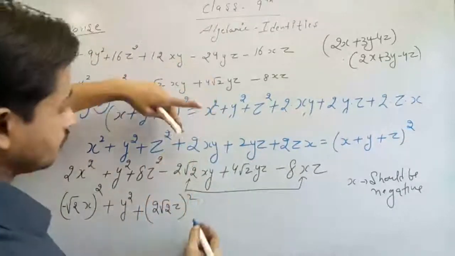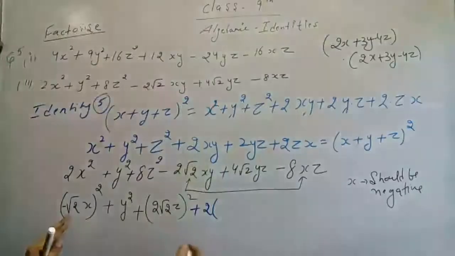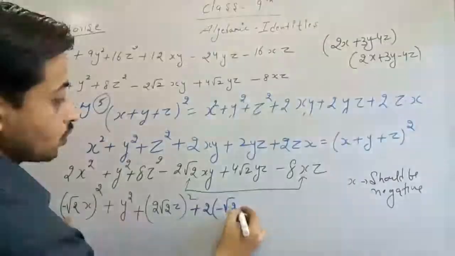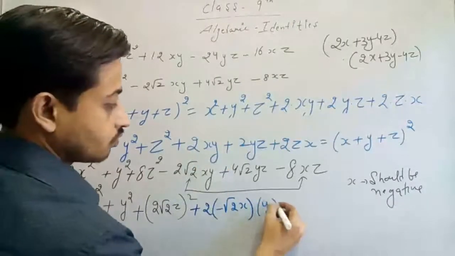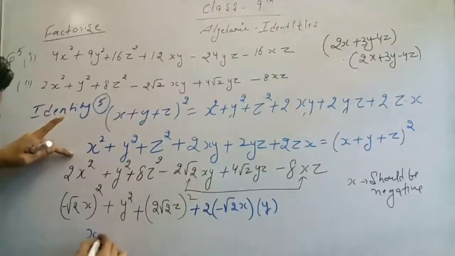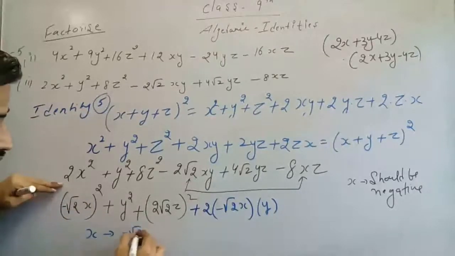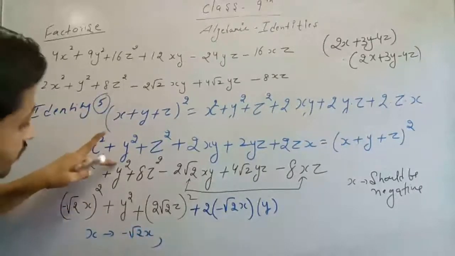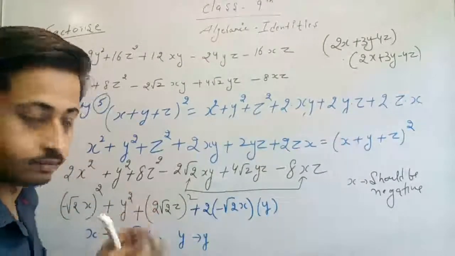Now plus 2 into x. x is minus root 2x. And y is y. Because if we compare, x is minus root 2x. Now compare y. y is the same as y.